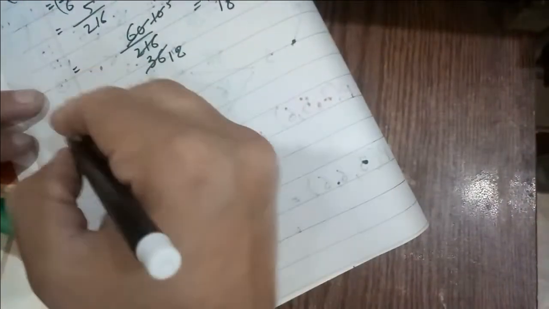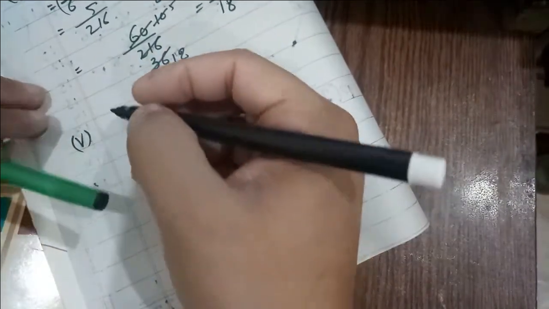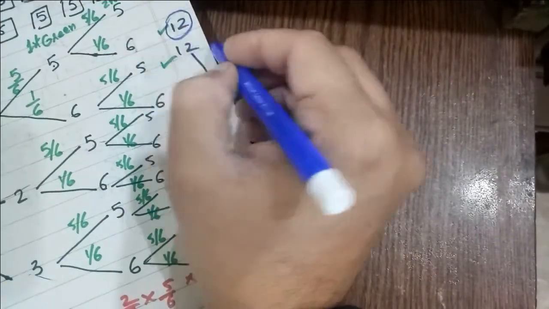Next part 5. A sum which is divisible by 3. Okay, we're going back. The first one is divisible by 3.